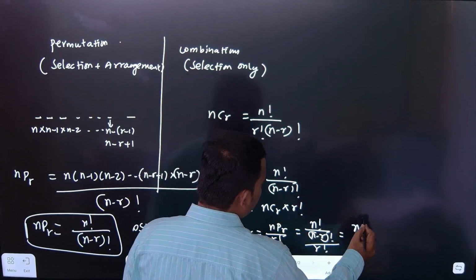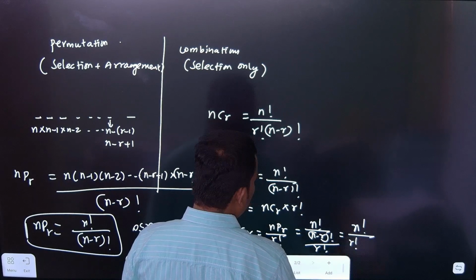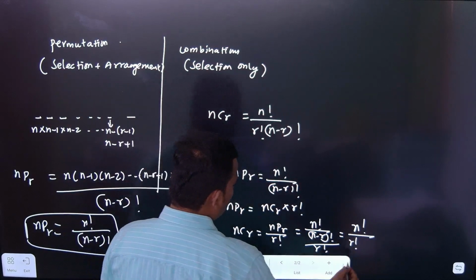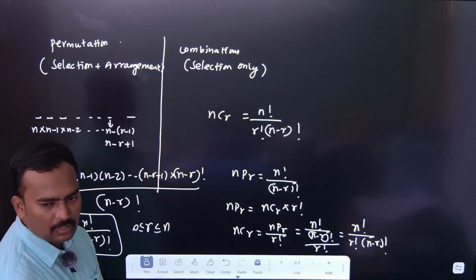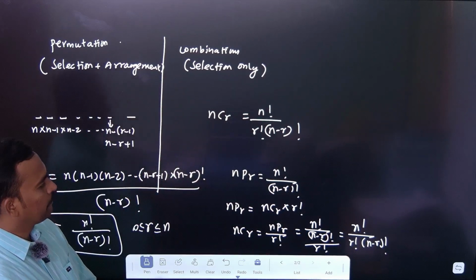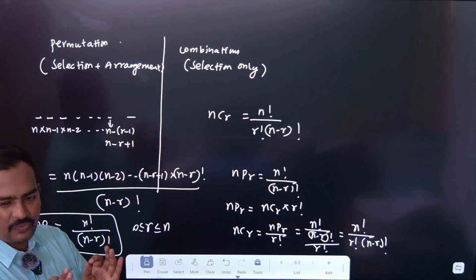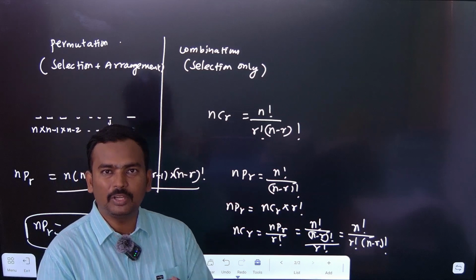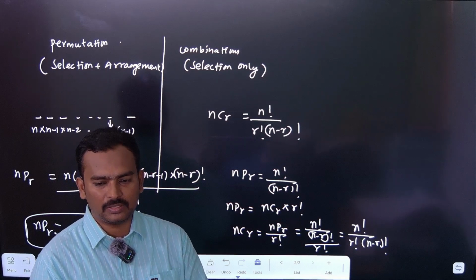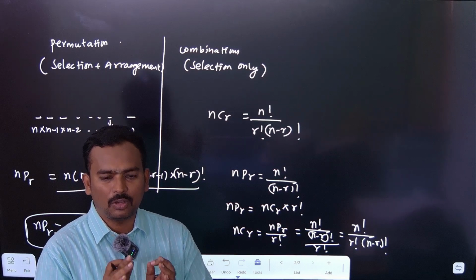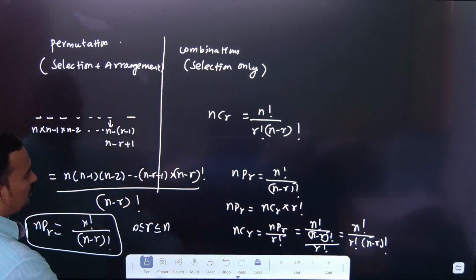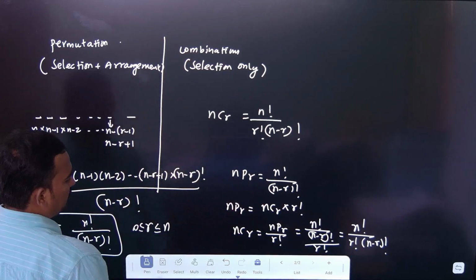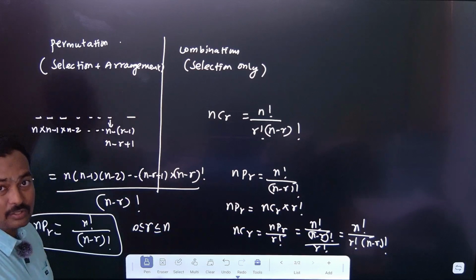So you can rearrange it: n factorial divided by r factorial into n minus r factorial. This is the nCr formula, right? Okay, just very simple. Permutation is selection plus arrangement. The combination means what? Selection only. So nPr you can use for permutation, nCr for combinations.